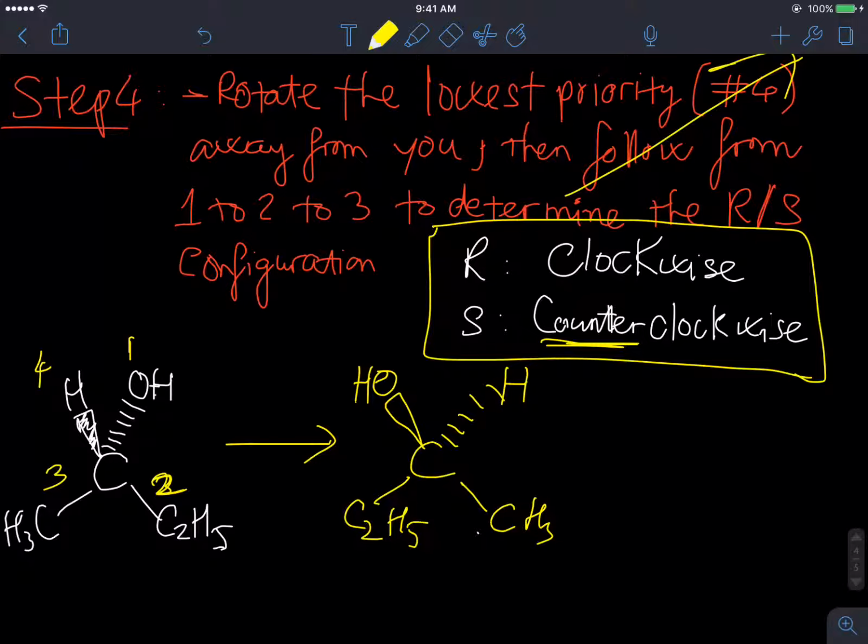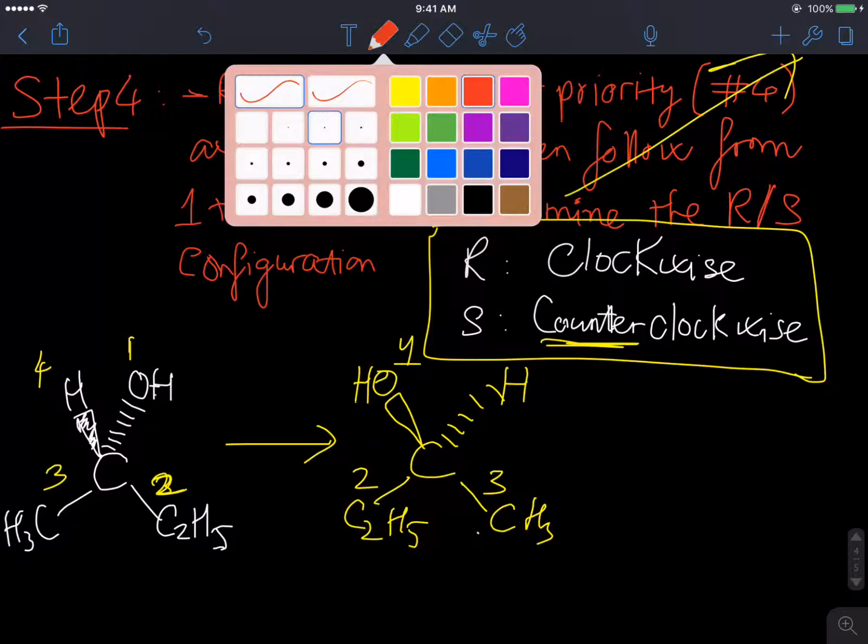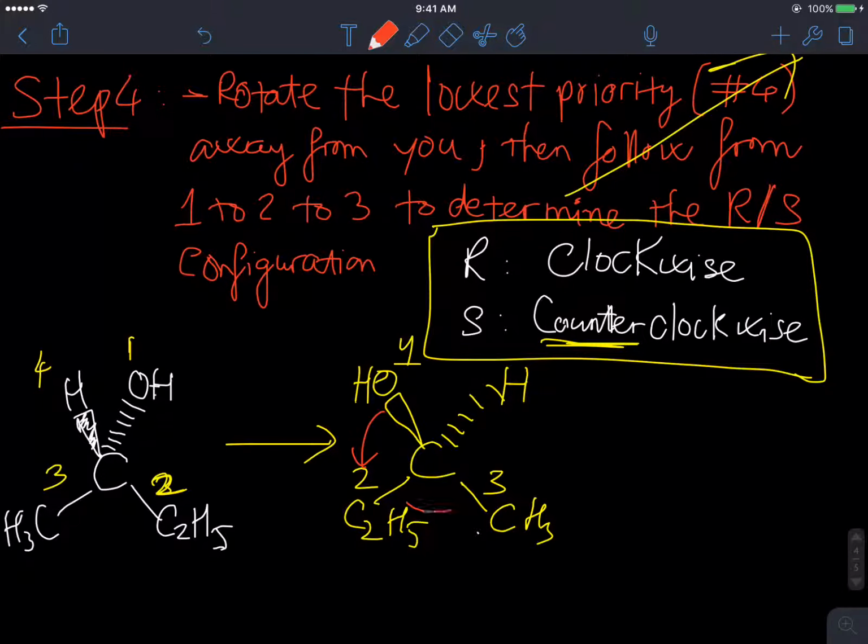Now label it 1, 2, 3, and we go from 1 to 2 to 3. We ignore number 4. 1, 2, 3 is a what? It's counterclockwise, so it's S.